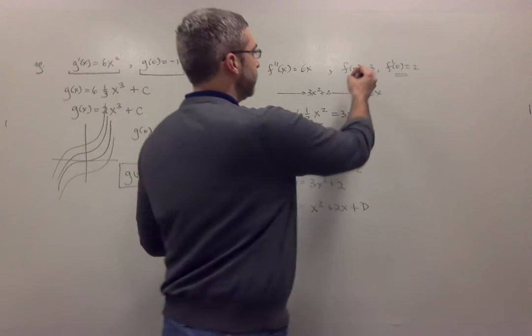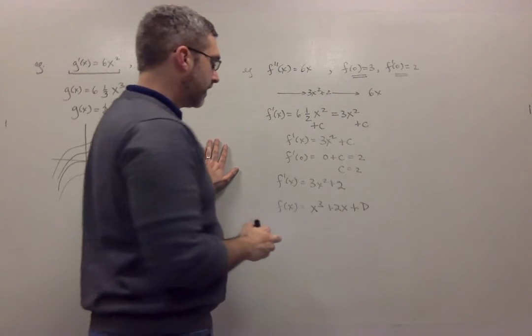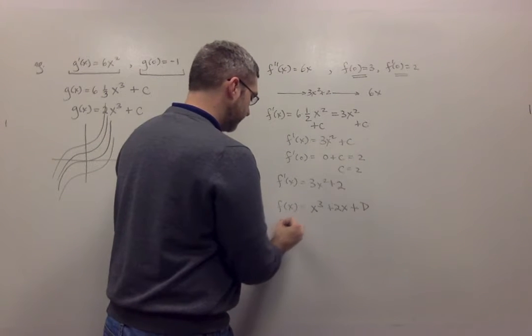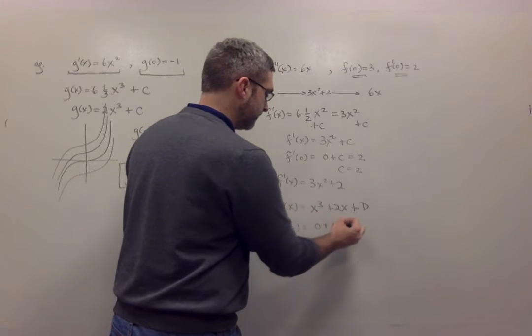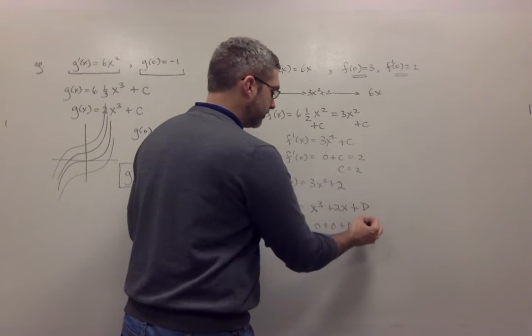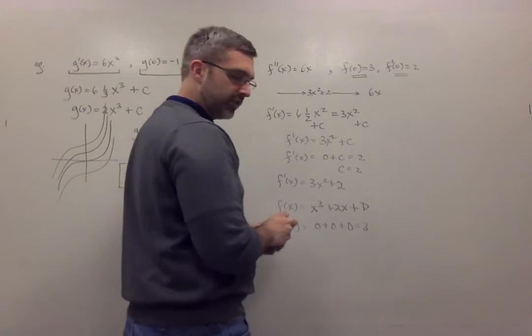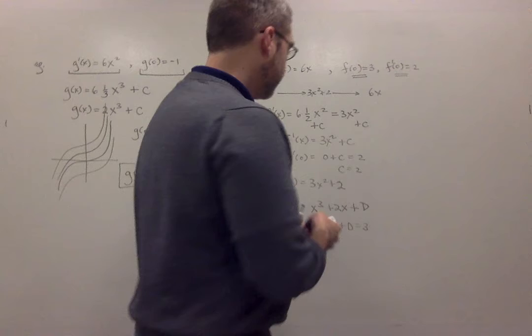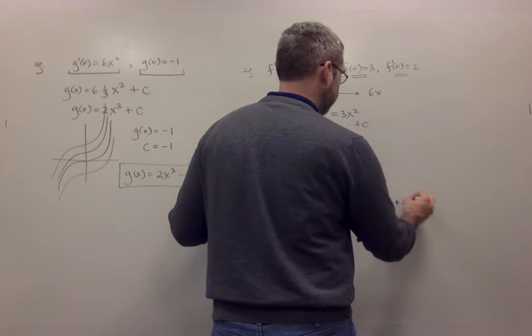And it's this piece of information that's going to tell me what that constant d is. So if I plug in 0, in other words, I get 0 plus d, that should be 3. So d is going to end up being 3, and my original function is x cubed plus 2x plus 3.